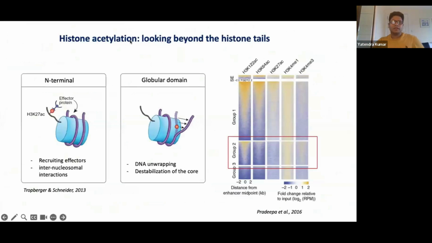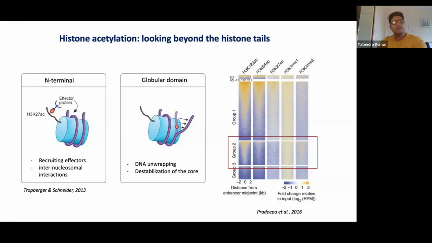To start, in general, what we see is that histone acetylation is associated with gene activity, and subsequently, many of the lysines in the N-terminal and their acetylation state have been used as a marker of active chromatin. For example, the H3K27 acetyl mark, which is a very popular mark of active enhancers in mammalian genomes.